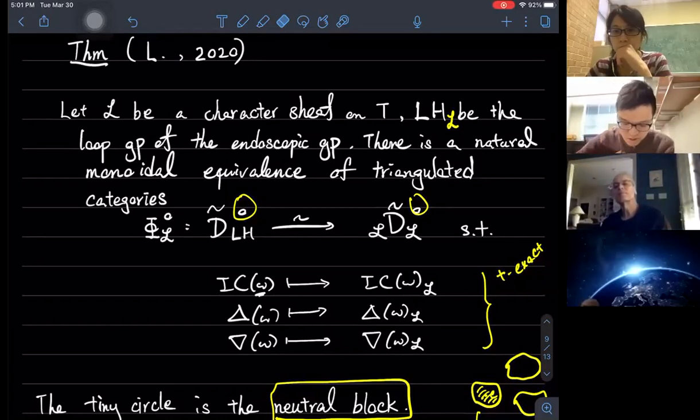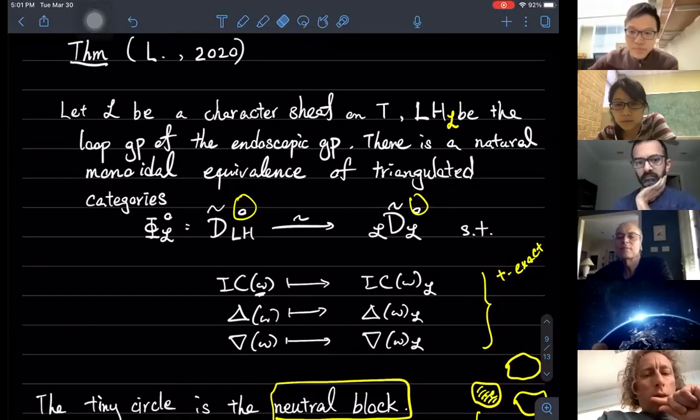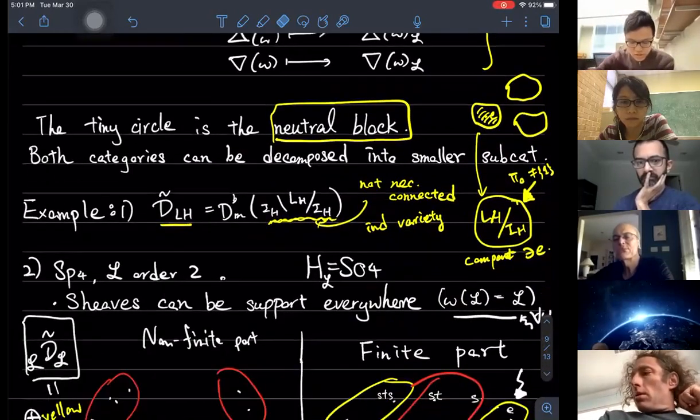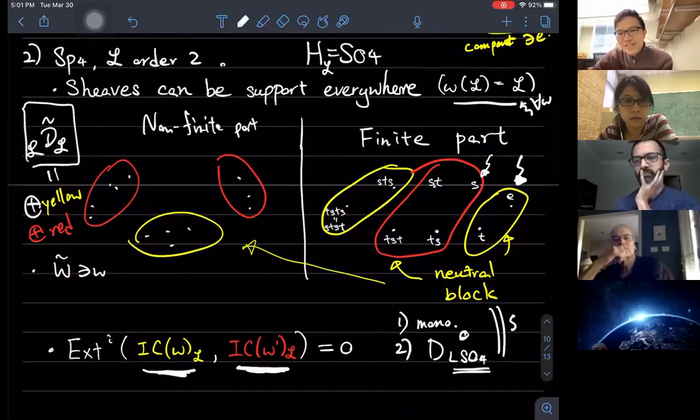I see. Are the non-neutral blocks module categories of the neutral blocks? Actually, no, because if you take this as an example, S squared is E, so it's just like group multiplication.